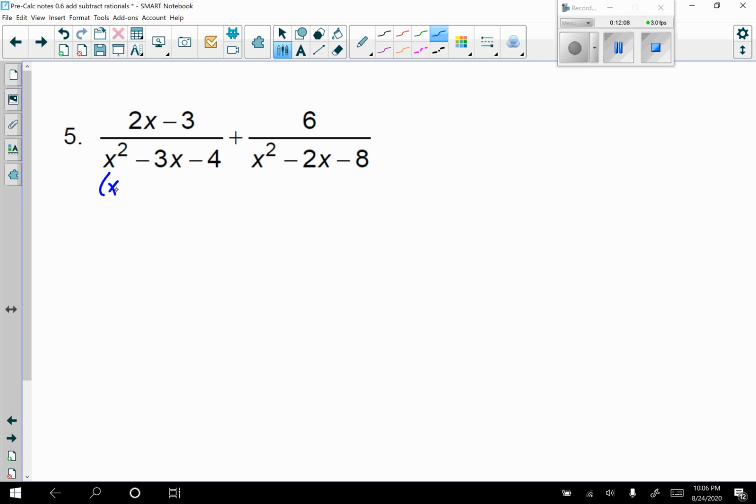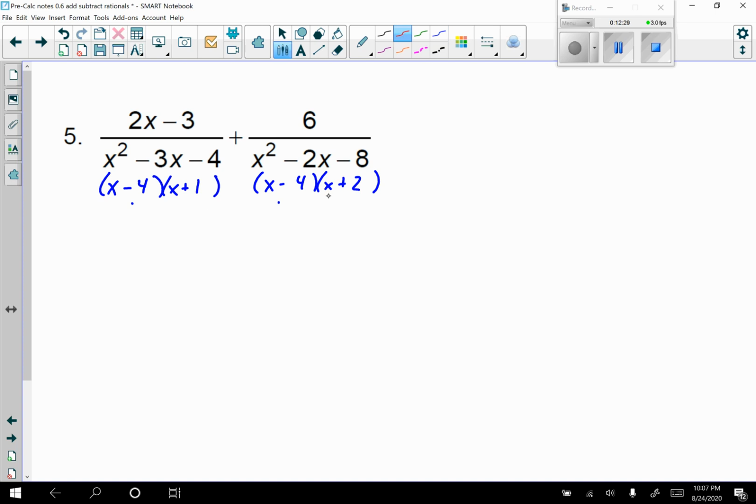First one, we've got x squared minus 3x minus 4, so we've got minus 4 and plus 1. Second one has x squared minus 2x minus 8, meaning we're going to have minus 4 and plus 2. They do have an x minus 4 in common, so let's see.